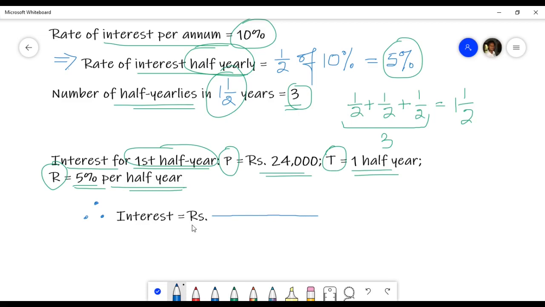The formula to find interest is the same, PTR by 100, principal into time into rate by 100. Just replace the values. Principal is 24,000, time 1.5 year, into rate is 5 by 100.